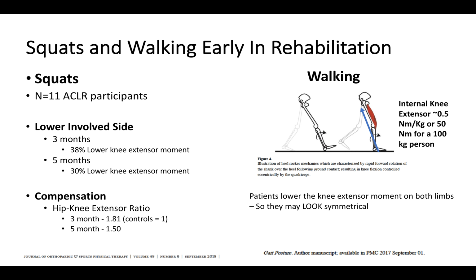It's not that easy to see because it's symmetrical. So there's a symmetrical decrease, but overall it's lower than normal. The normal knee extension moment is about 0.5 Newton meters per kilogram, or 50 Newton meters per 100 kilogram person.